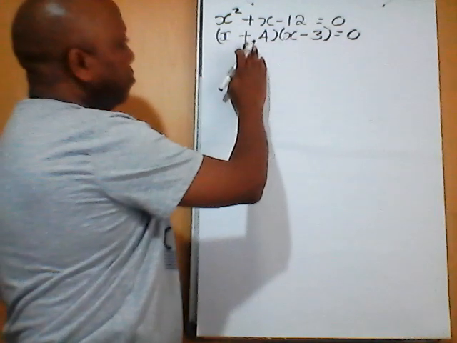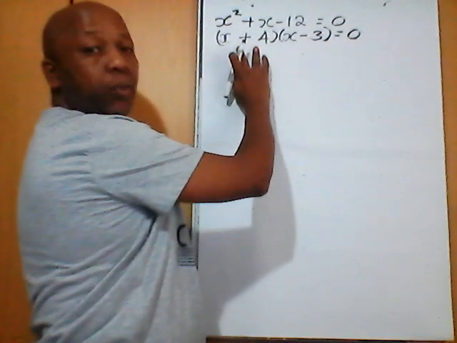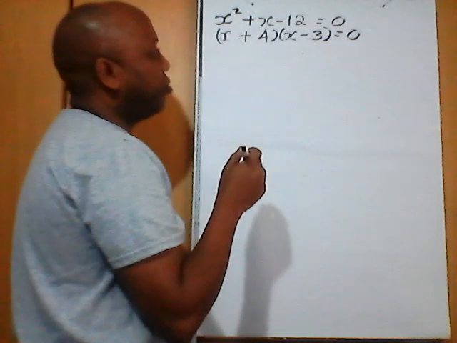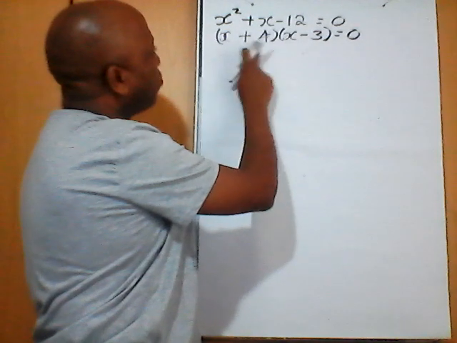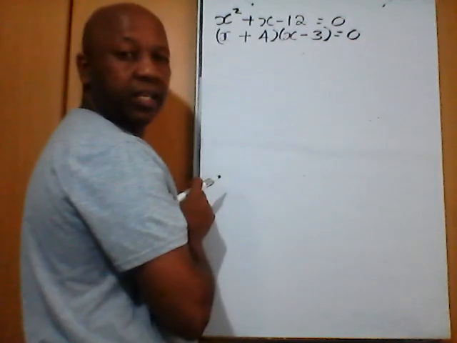Right. Next step is to use our zero factor theorem. Remember, just to remind you, the zero factor theorem states that if you are multiplying two things, here we are multiplying x plus 4 and x minus 3.